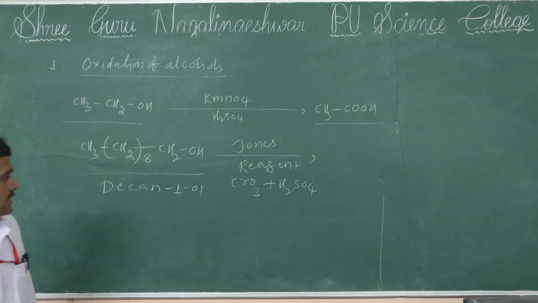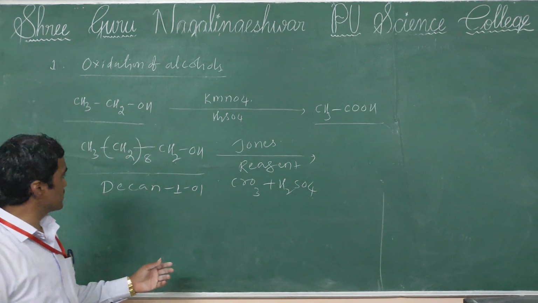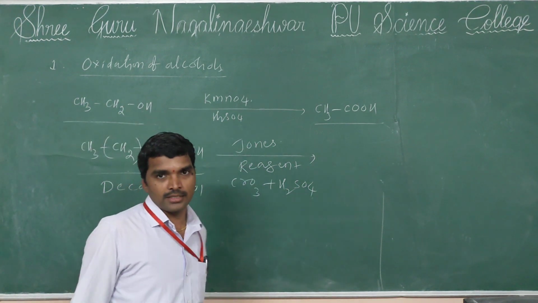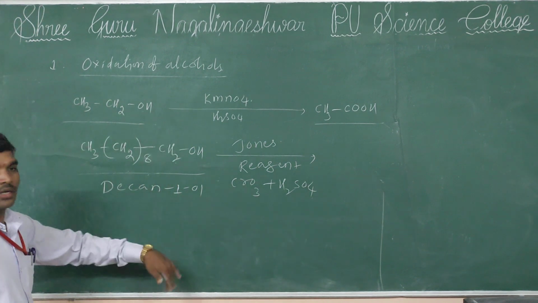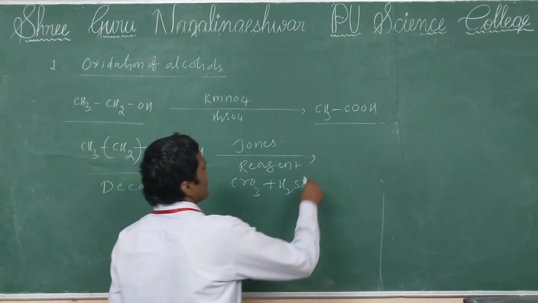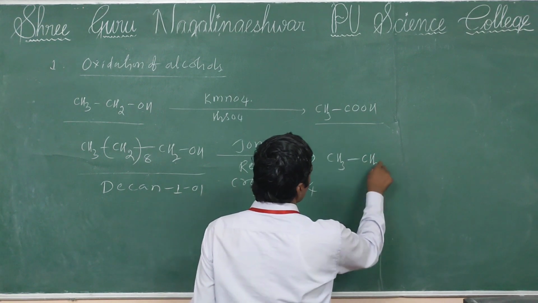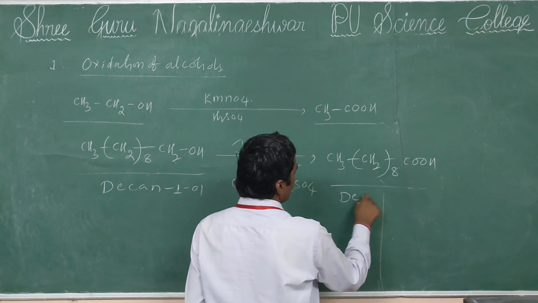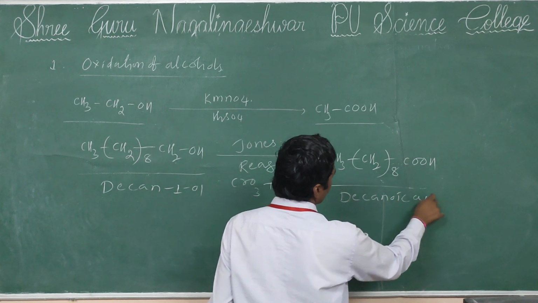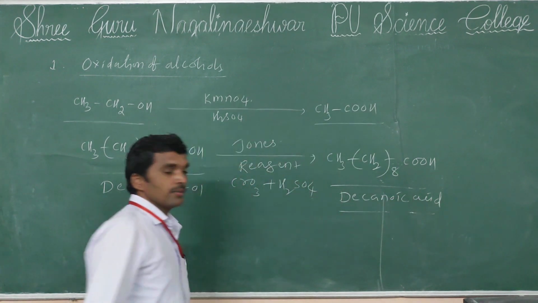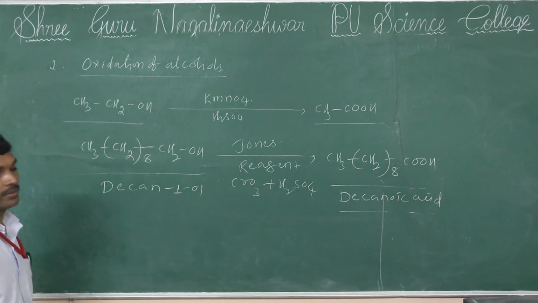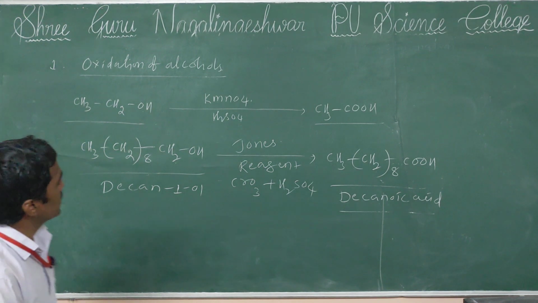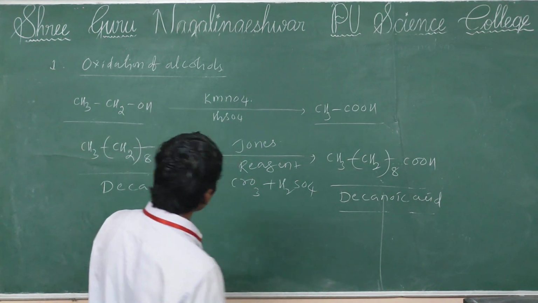The function of Jones reagent is that all primary alcohols are converted into carboxylic acid. You know the answer: decanol is converted into decanoic acid, CH3(CH2)8COOH. Decanoic acid will be formed.